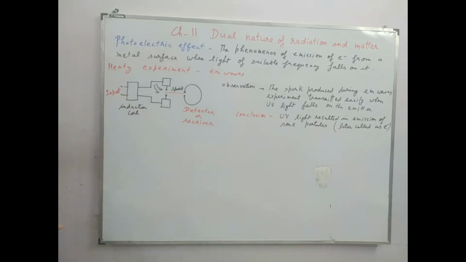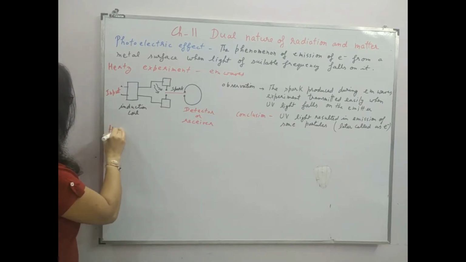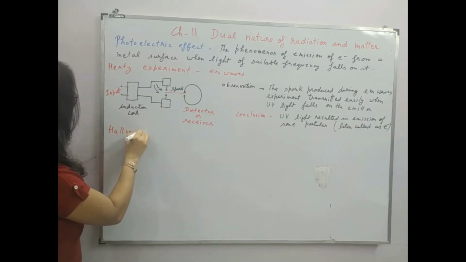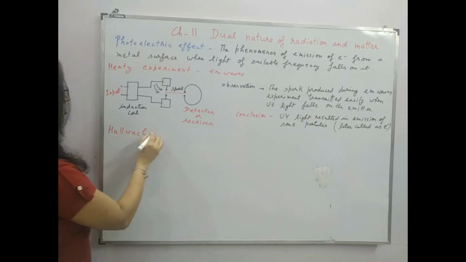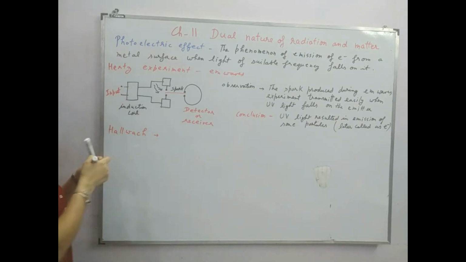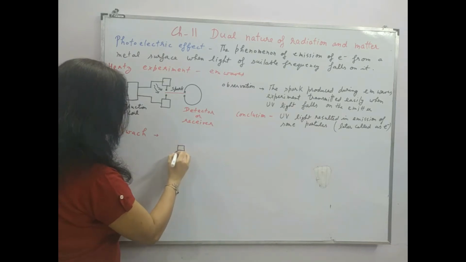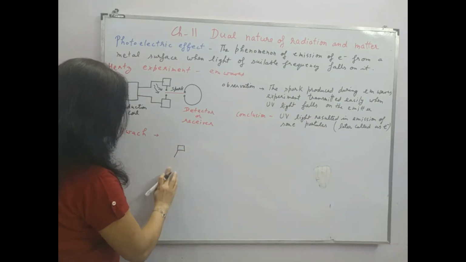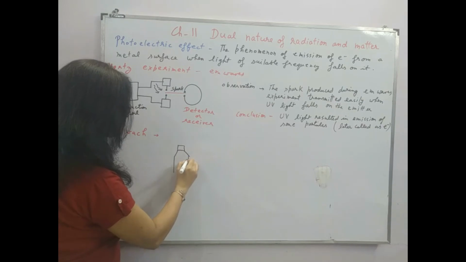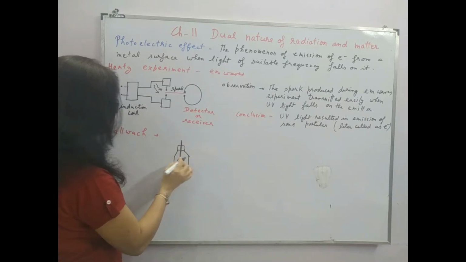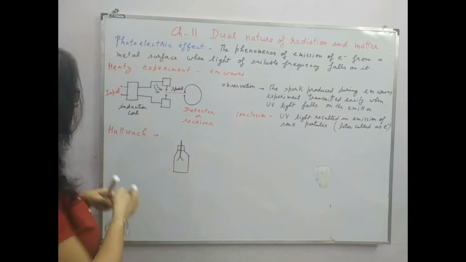Then after, we had two more scientists, Hallwachs and Lenard. Hallwachs also did an experiment. You know about the gold leaf electroscope, in which the divergence of the gold leaves shows the amount of charge.